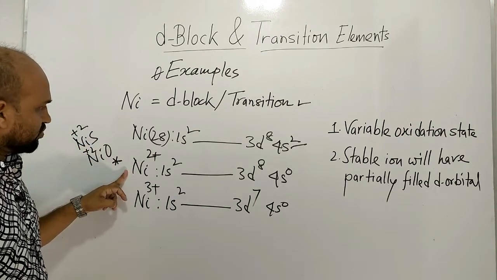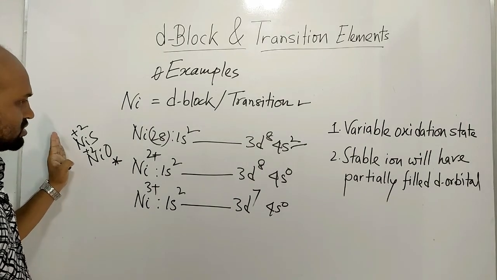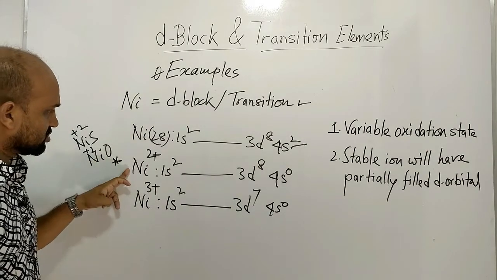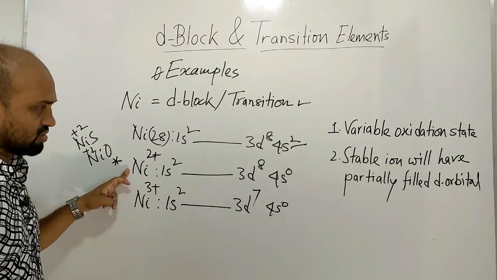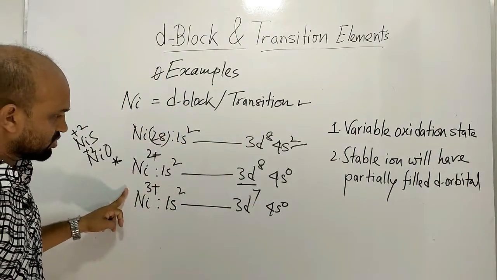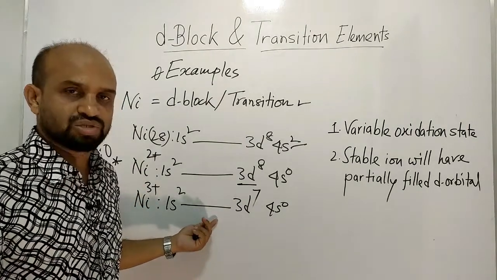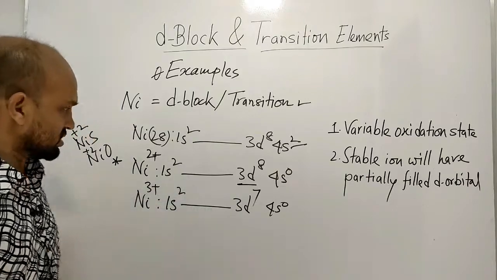So the compounds of nickel 2+ are available in nature. From this point, this is considered the stable ion, where the d orbital is partially filled. But this is not stable. Here, to remove 3 electrons, it needs huge energy, that is ionization energy.